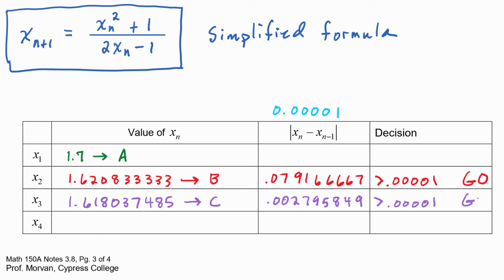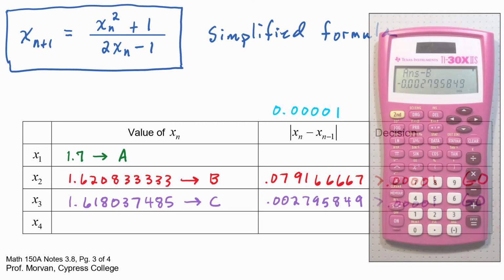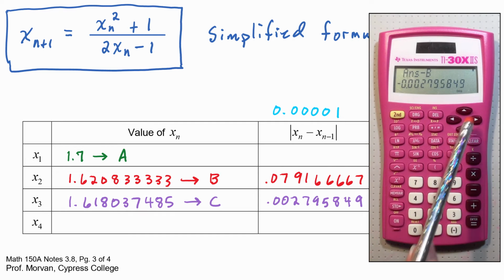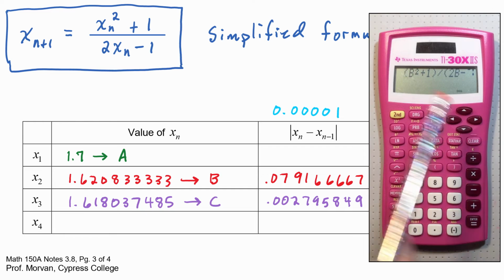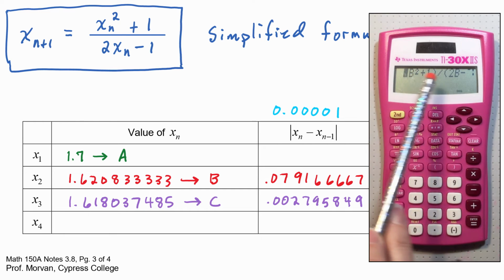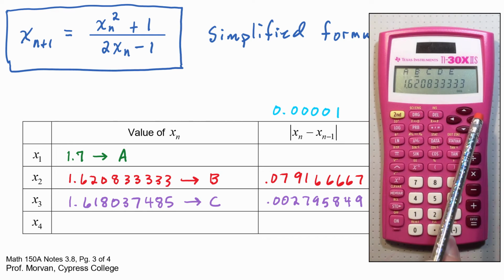So we have to go on and find x4. Now we can cursor back up, replace x2 with x3, so that means we have to put C in for the B's. Put it in both locations.